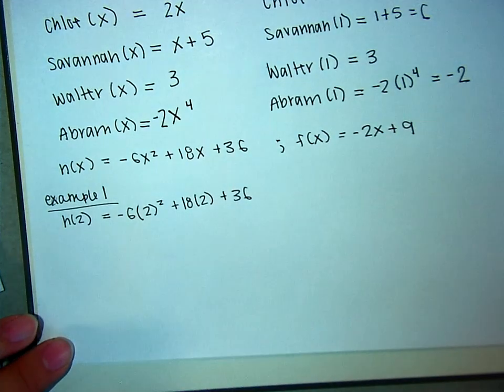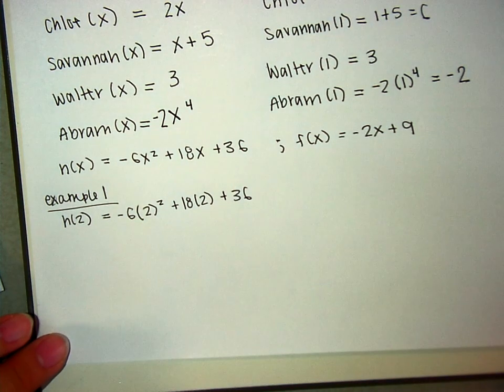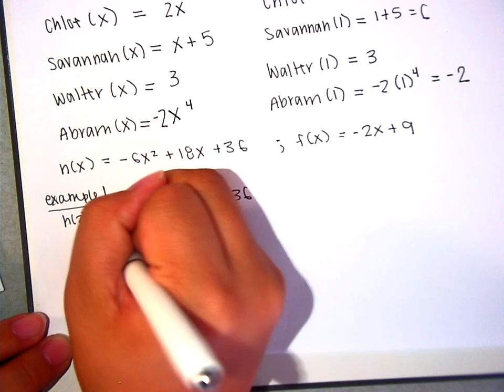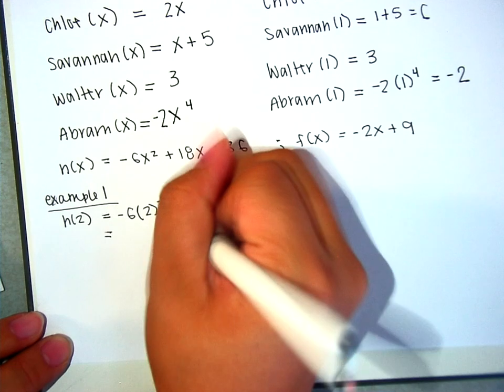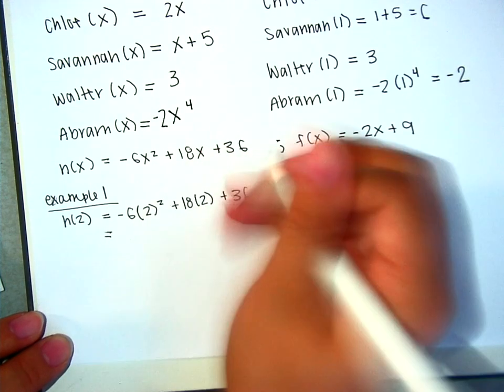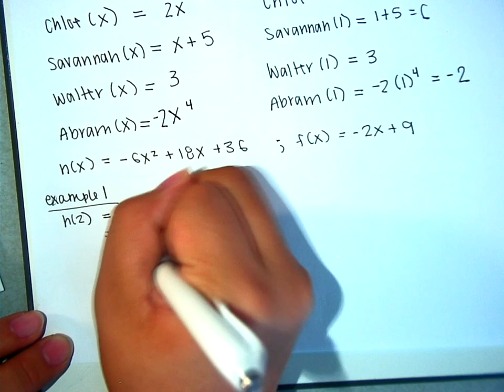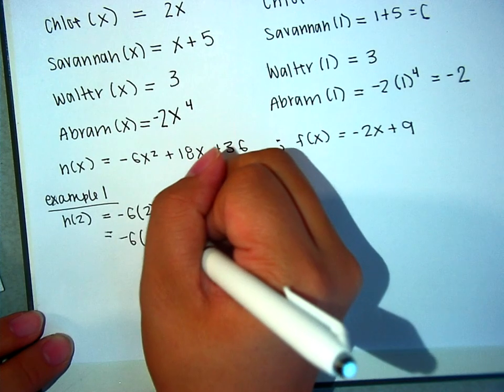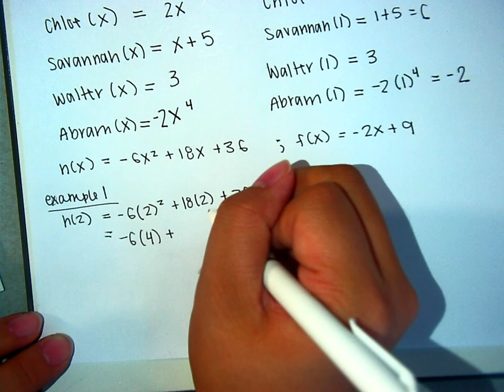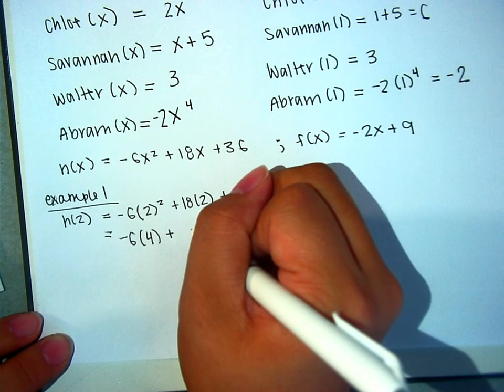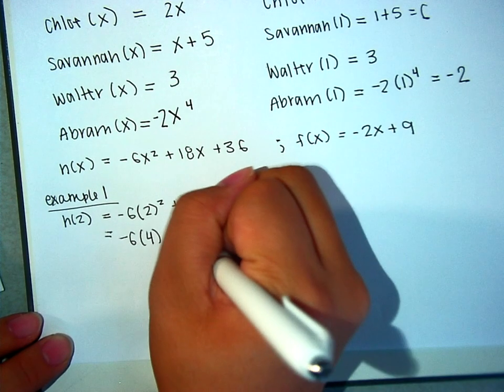Following the orders of PEMDAS, what do we do first? Parentheses. And like the exponents, we could do this too, right? So we're going to do negative 6 times, what's 2 times 2? 4. What's 18 times 2? 36. 36 is correct.